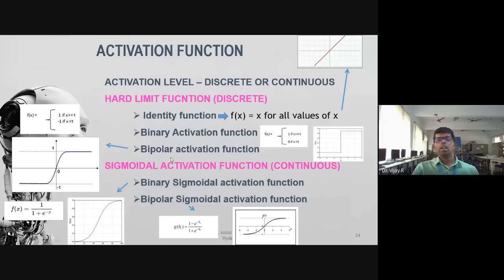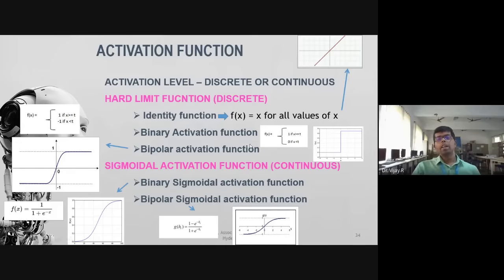Based on the input, the output is either 0 or 1. The bipolar activation function, as the name says, is f of x equal to 1 if x is greater than or equal to t, or minus 1 if x is less than or equal to t.